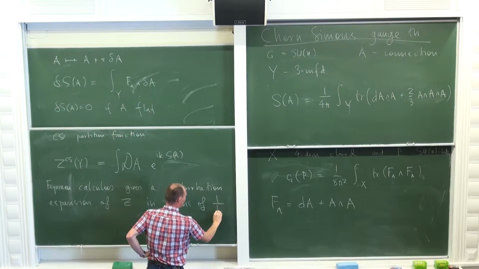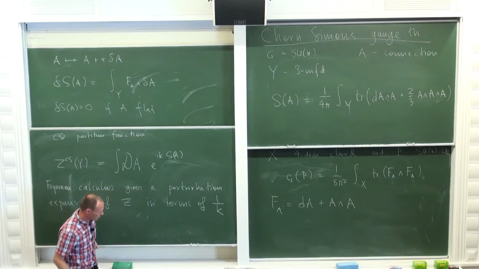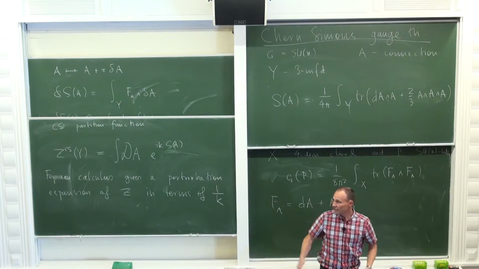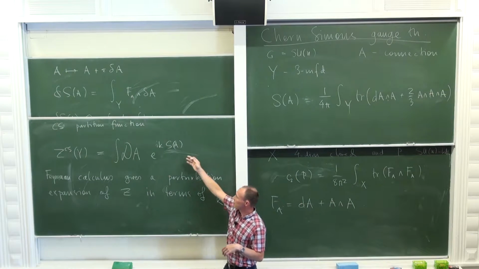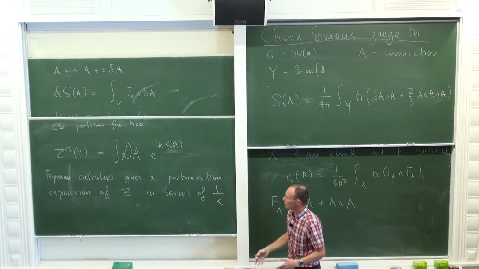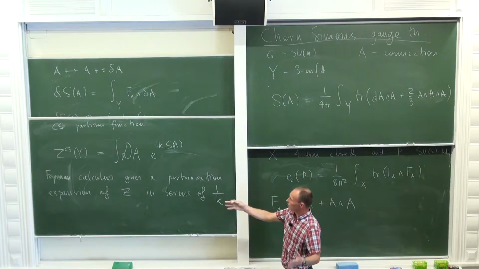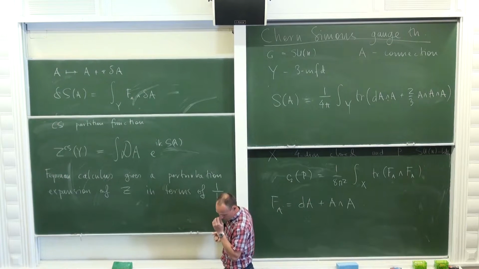In other words, if we fix a flat connection and try to make sense out of this when you take 1 over k small, then you can get the perturbation expansion for this thing.